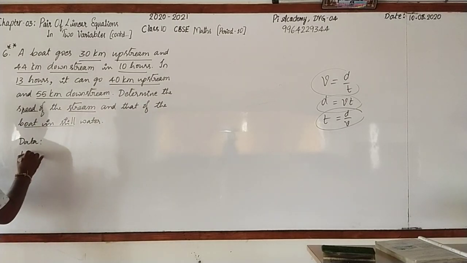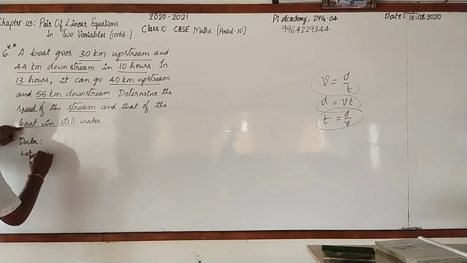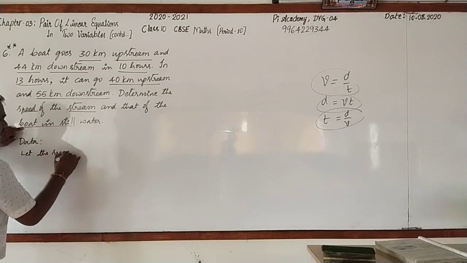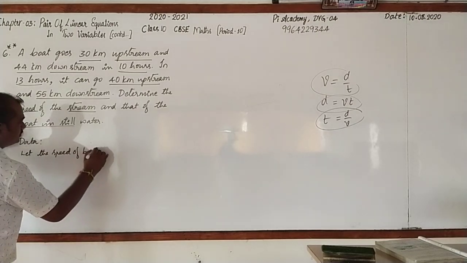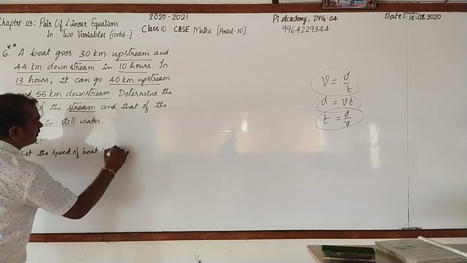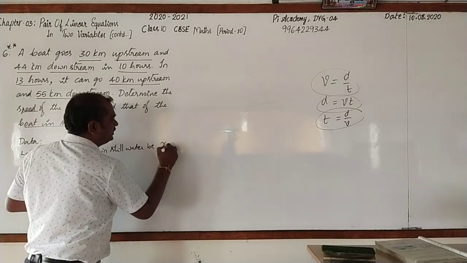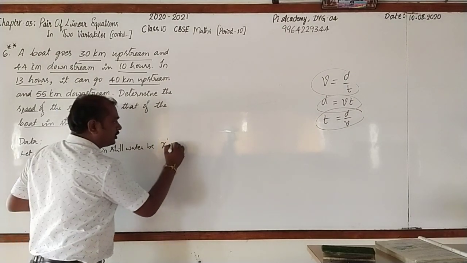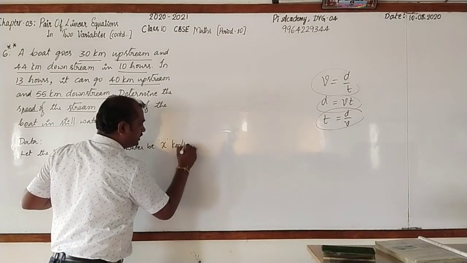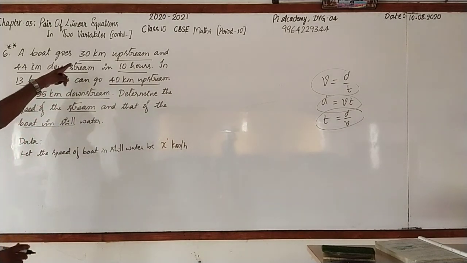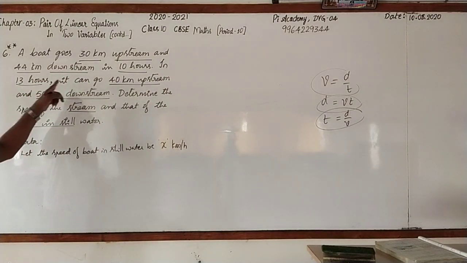Hence, first I will assume, let the speed of the boat in still water be x. What should be the unit? Kilometer per hour, because here the distance is given in kilometers and time in hours.